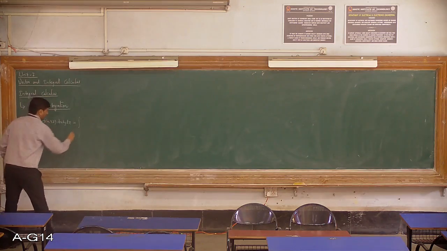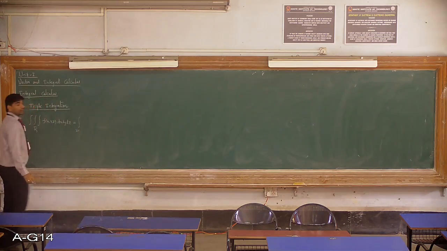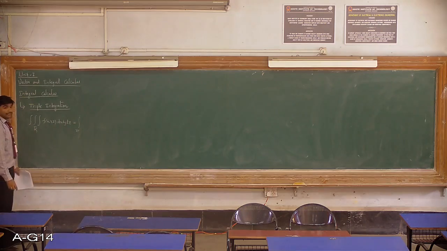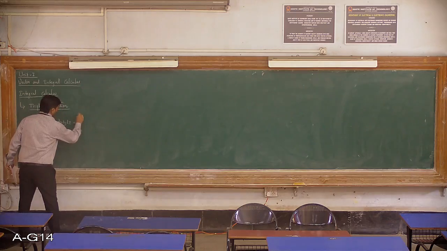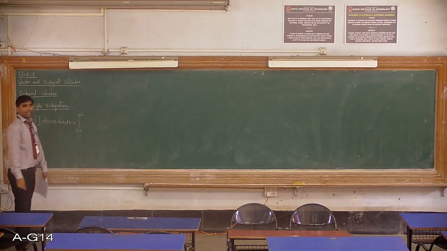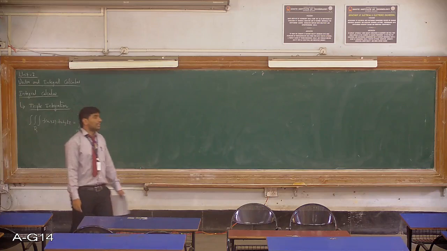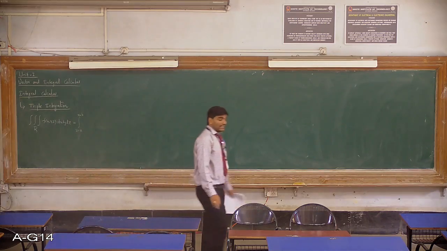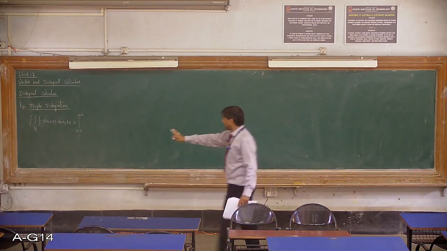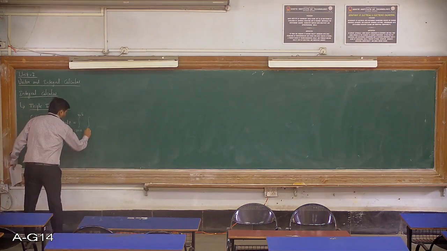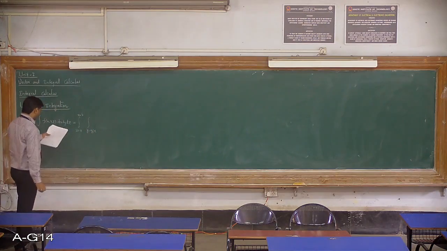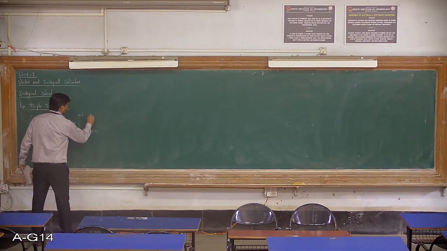First I have to allocate the limits of x, that means limits along the x axis. So we can say x equals a to x equals b. This is a constant. In any region you can fix from where to where it is ranging along the x axis, that one can very easily write, x equals a to x equals b. In the next integration we can write y equals y1 of x to y equals y2 of x. This is done.